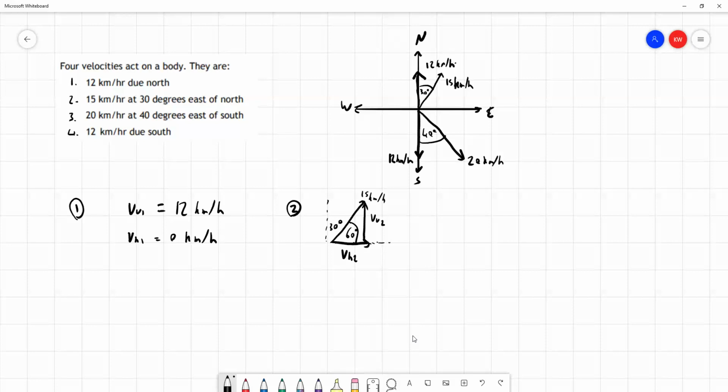The value 15 is the value of the hypotenuse, and the vertical component is opposite our 60-degree angle. So we can write sine of 60 degrees, because that uses opposite and hypotenuse, is equal to the vertical velocity, the opposite, divided by 15 hypotenuse. The vertical velocity component of vector 2 is 15 times sine 60 degrees.